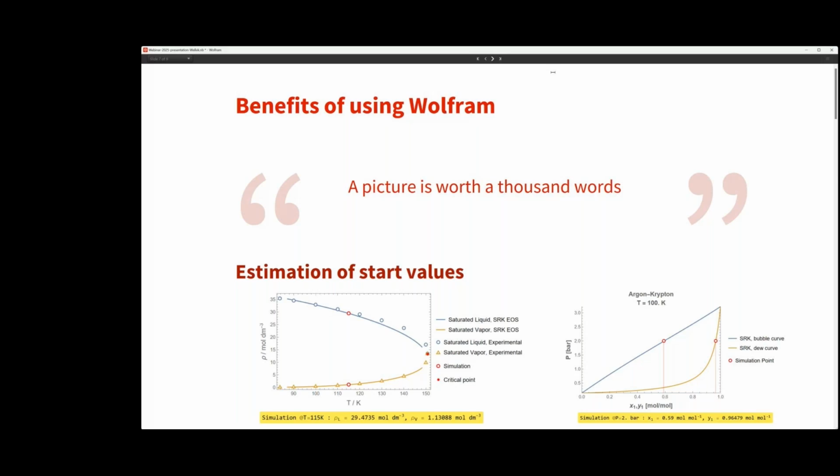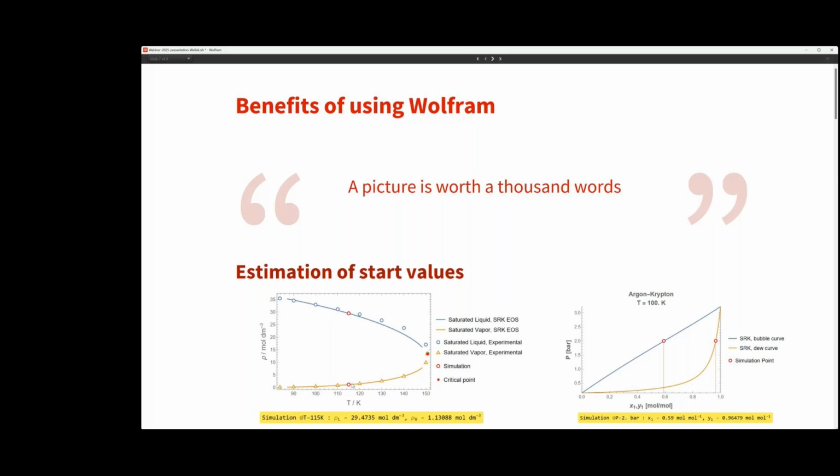So beginning with the estimation of start values for the simulations. So these can be predicted using equations of state or activity coefficient models and can be visualized together with experiment data if these are available. So this is illustrated on the left-hand side by a density temperature diagram with the bubble line, the dew line, and the critical point, indicating the proposed starting values for the coexisting densities.